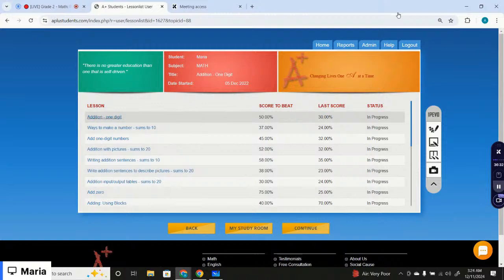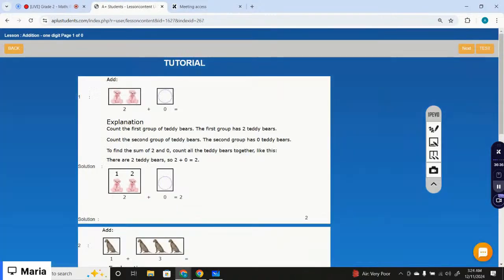Let's just start with the first lesson. Okay, add. You are given two toys and plus 0.